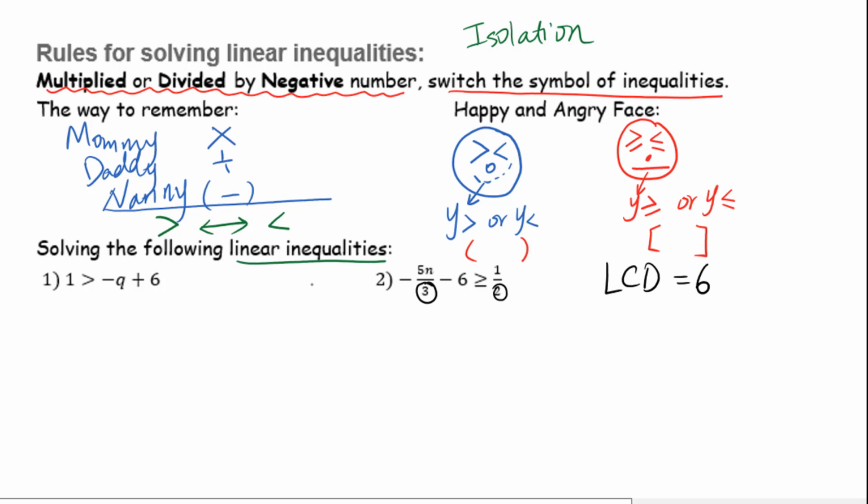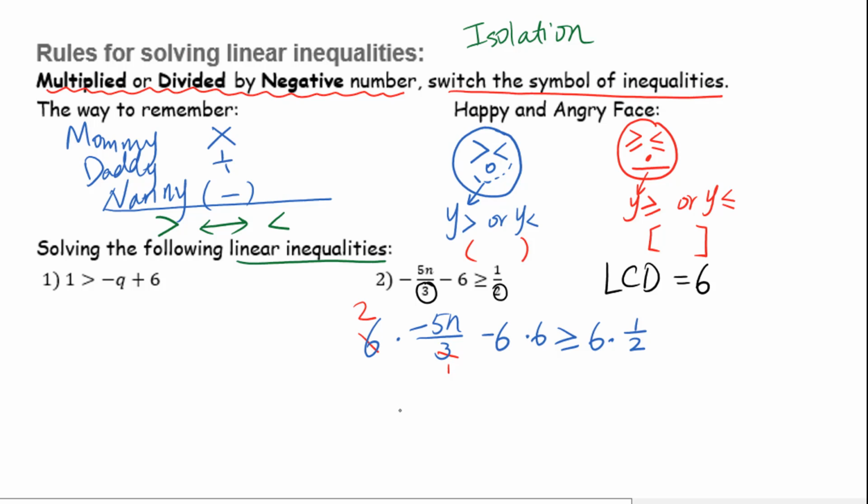We will multiply every single term by 6. So you have 6 times negative 5n over 3 minus 6 times 6 greater than or equal to 6 times 1 over 2. Then reduce. This is 1, this is a 2.